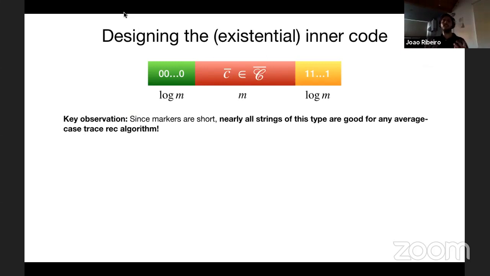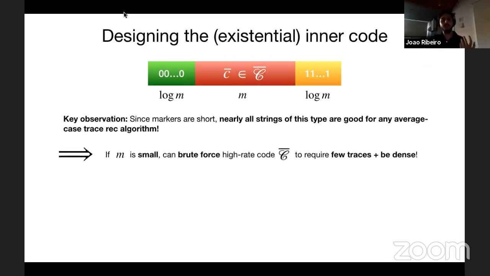The way this is done is that, first of all, an observation is that the markers here have length log m, while in our case the length was square root m. This difference in length is really important because it allows you to brute force your code so that it has good average-case trace reconstruction properties, because you just rely on existential results for average case reconstruction.